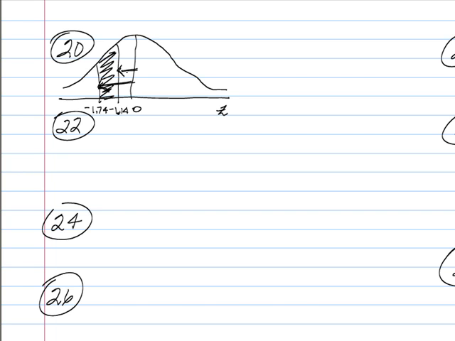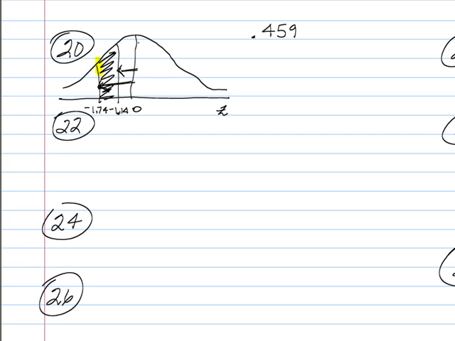So again, I'm still using the table 17 on page 671, and so I'm looking at 1.74 because we know it's symmetric, and so that means that the z-score negative 1.74 would have the same area. So that's 0.459. That's the area.